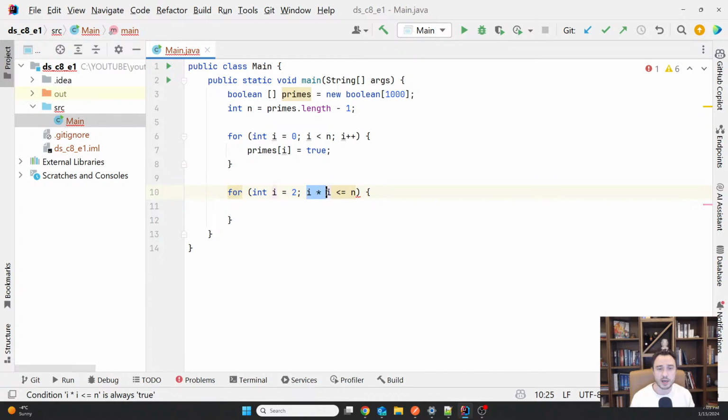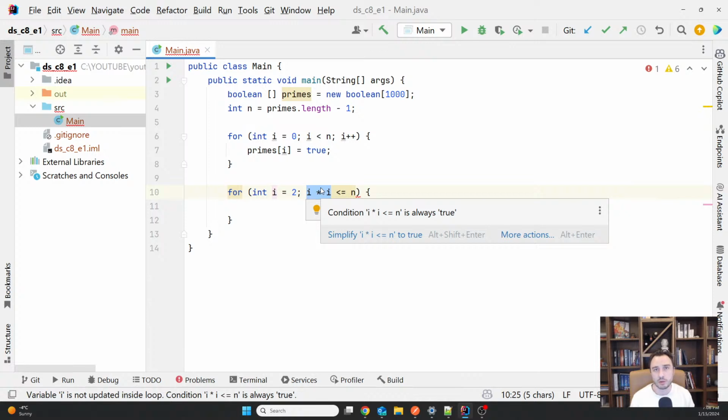So this i squared is actually the value squared that you are searching for non-prime numbers at the beginning, and it's proven that theoretically all the others that would have been previous to this value would have been already found through iterations of the smaller numbers.